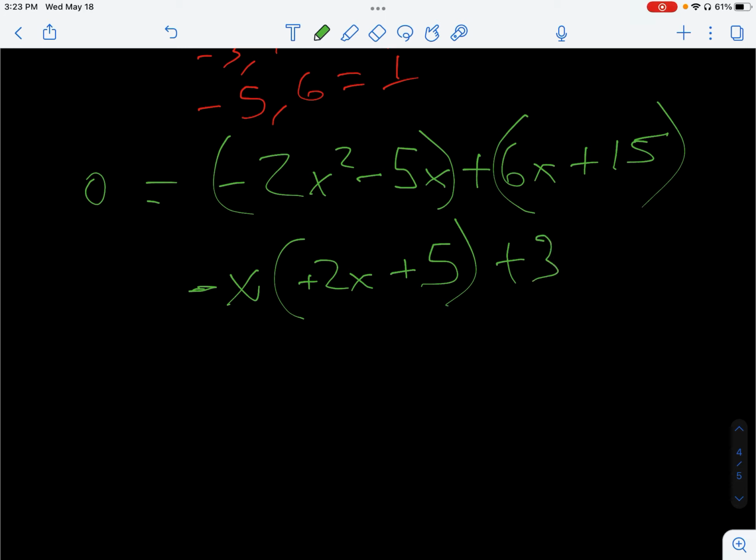So I can factor out a 3, and we end up with 2x plus 5.